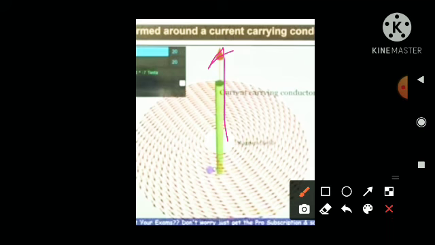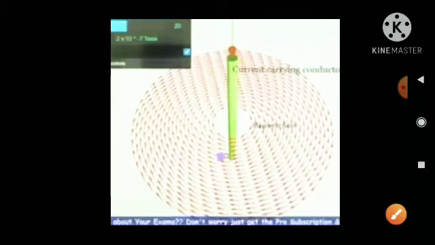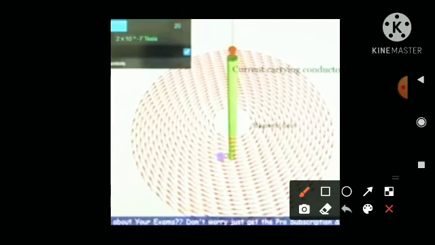If we change the direction of current to downwards, the magnetic field lines direction also changes. If upward, it is anti-clockwise, and if the current is downward, it is clockwise. I hope you are understanding it.